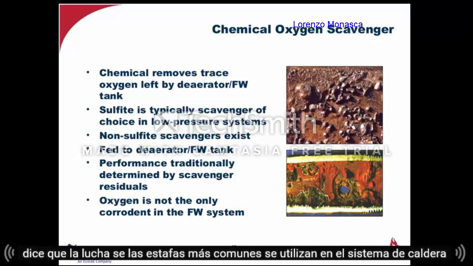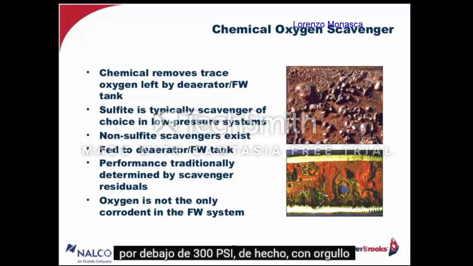So sulfite is the most common scavenger used in boiler systems below 300 psi. And in fact, I'd probably hike that all the way up to 650 or 600 psi. That's a very good scavenger, fast-acting, fairly cost-effective. But there are also non-sulfite scavengers out there for those of you that have to have non-sulfite for some reason.